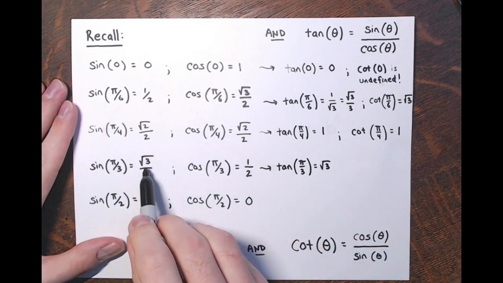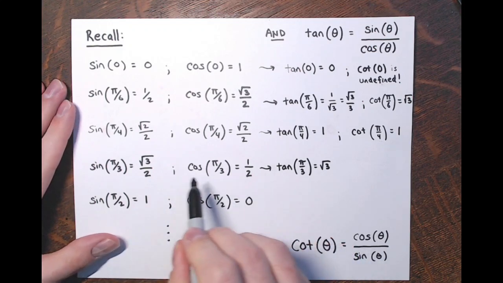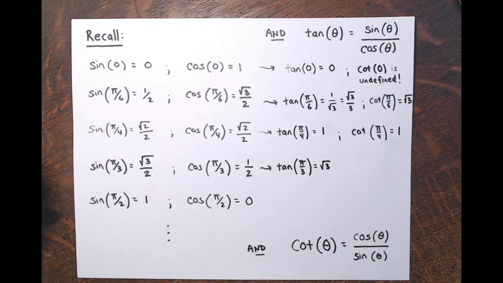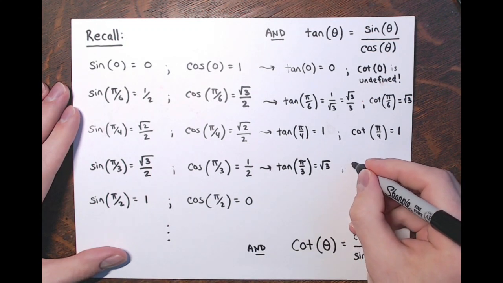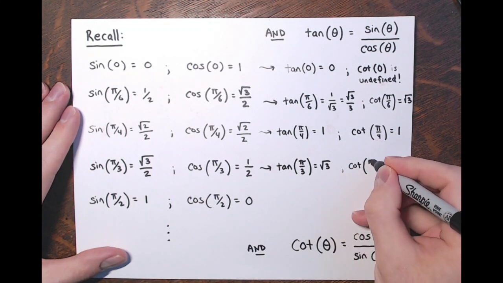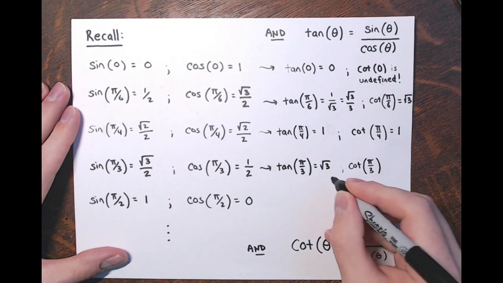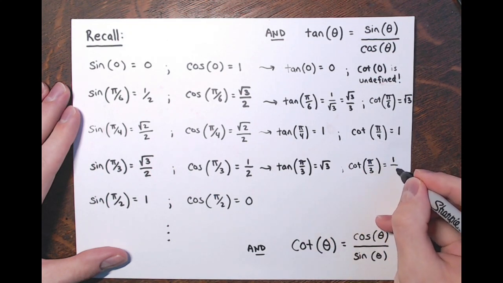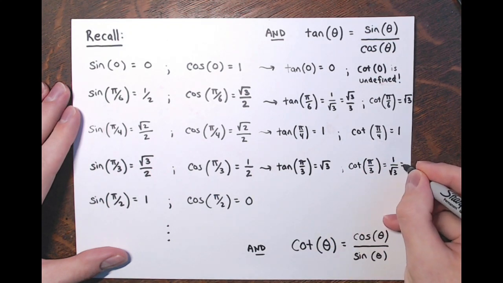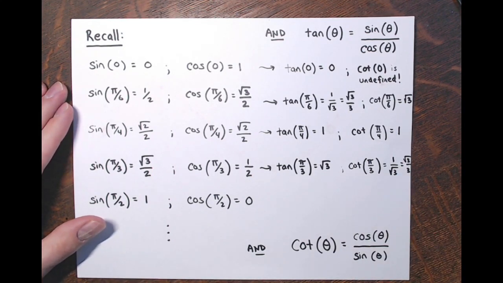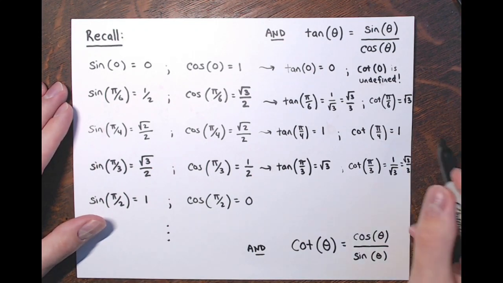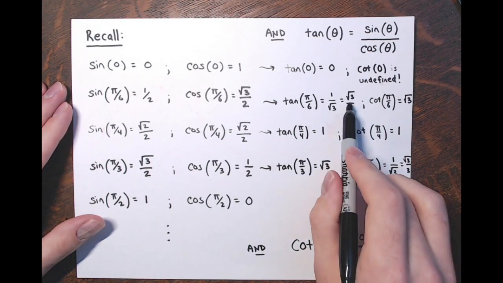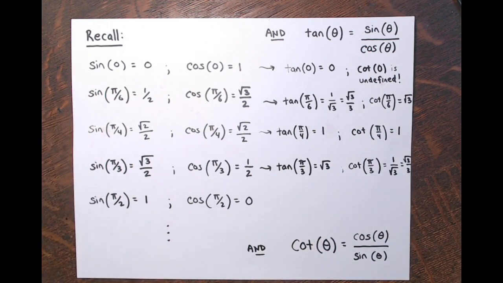You're going to do square root of 3 over 2 divided by a half. That half will go, and you're just left with the square root of 3. And then the cotangent of pi over 3 is the reciprocal of this, 1 divided by the square root of 3, or the square root of 3 divided by 3. That's just rationalizing the denominator here. So again, it's just the reverse. You just switch what you had for pi over 6 for tangent and cotangent.